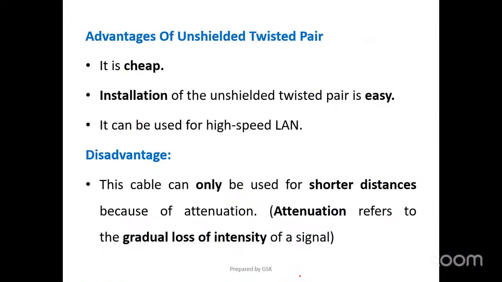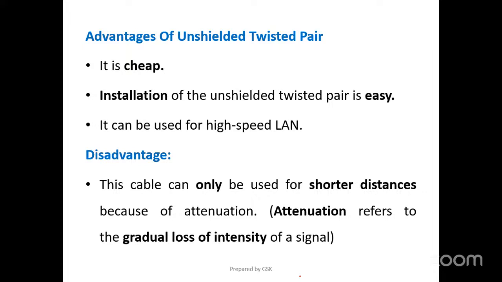Then coming to the advantages, it is cheap and installation of UTP is very easy. As we covered, it can be used for high speed LAN also. And disadvantages: this cable can only be used for shorter distances because of attenuation.